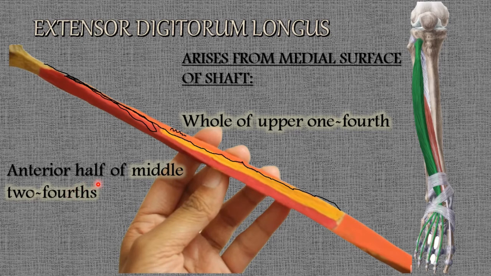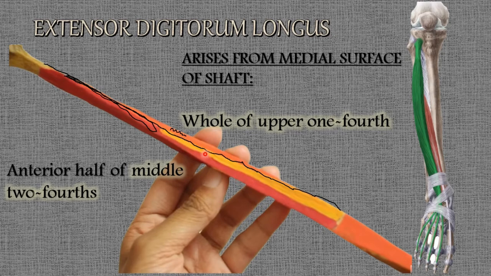Now, the anterior half of the middle 2/4. Now you can see this is the anterior border and this is the medial crest, right? And this surface is the medial surface. So this half will be this yellow one. This half will be the posterior half and this half will be the anterior half.